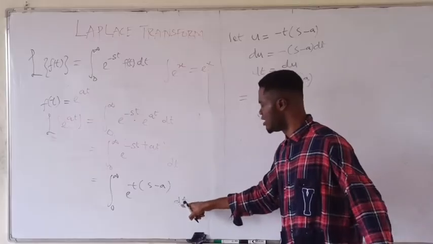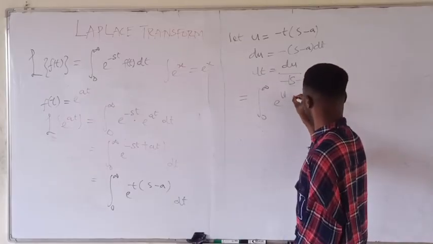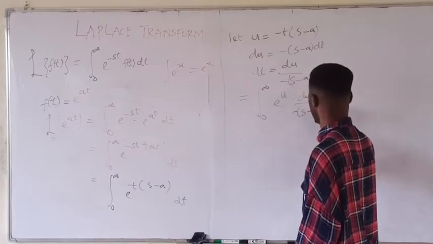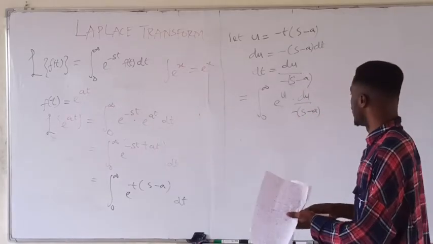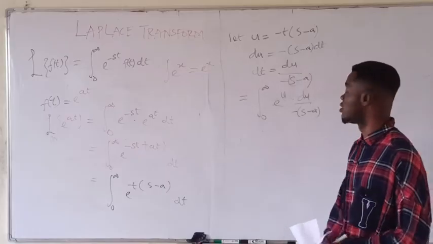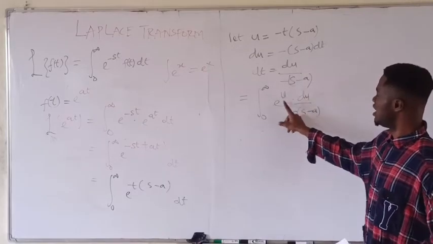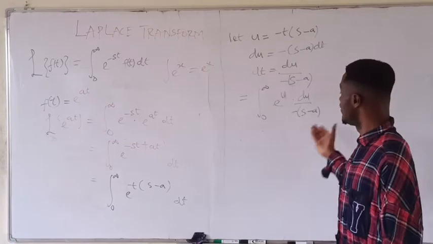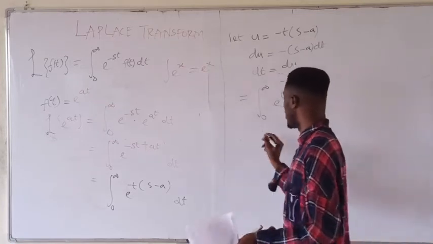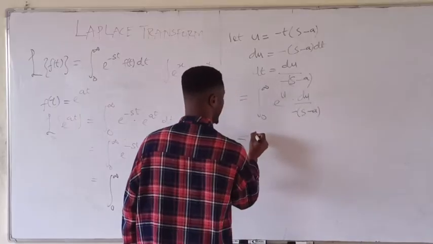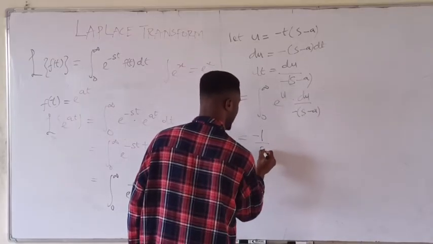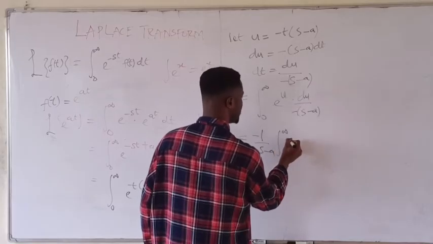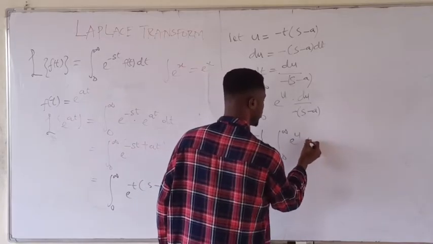And instead of writing dt, we write du over minus (s minus a). And we can take this outside of the integral because we are now dealing with u, which means s and a are now constants. So this becomes minus 1 over (s minus a), integral from 0 to infinity, of exponential of u du.